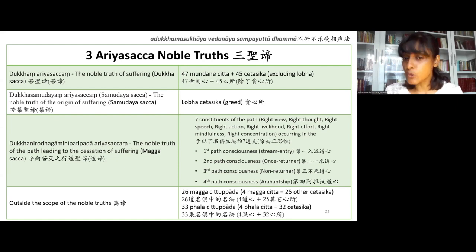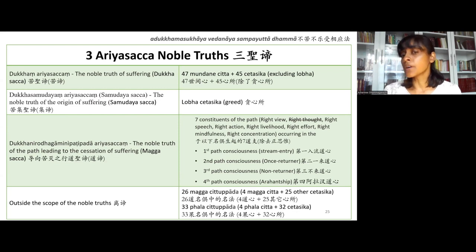And why do we get only 7 path factors? It's because we are considering only the 5th jhana. So when we talk about the 5th jhana, we know that vitakka, vichara, piti, those 3 mental factors are not present in the 5th jhana. And vitakka is right thought or samma sankappa.